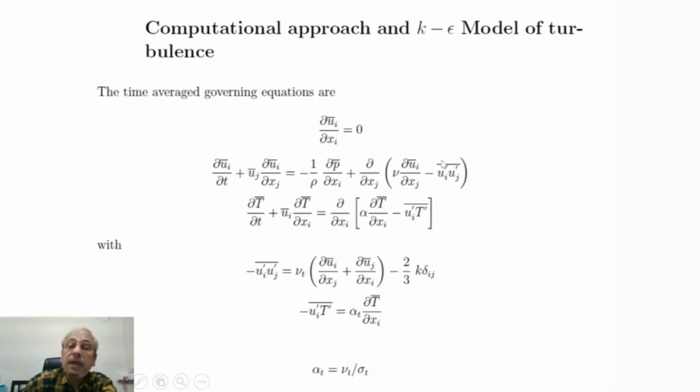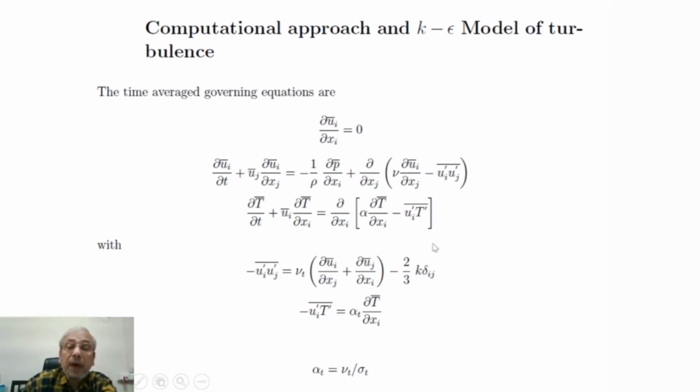And this Reynolds stress can be expressed as minus ui prime uj prime over bar equal to nu t, this is eddy viscosity or turbulent viscosity, times del xj of ui bar plus del xi of uj bar minus 2/3 k delta ij. Delta ij is Kronecker delta and k is the turbulent kinetic energy.